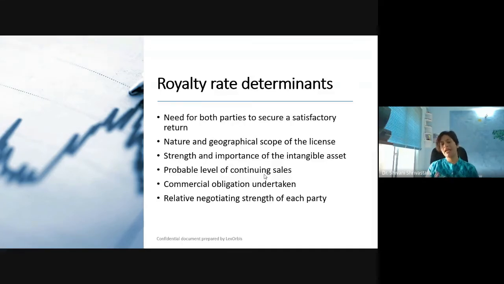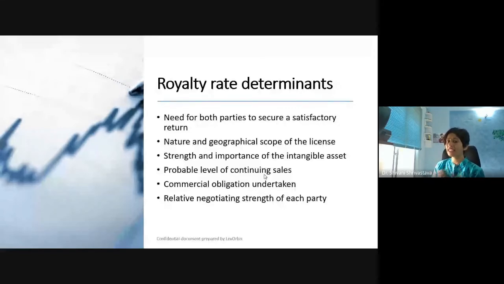And the same thing, if the license is being given to cover a broader jurisdiction, then also the royalty rate would be high, because if the licensee is allowed to use the technology in multiple countries, obviously the licensee would be making more revenue. Then he should share the profit with the licensor as agreed.